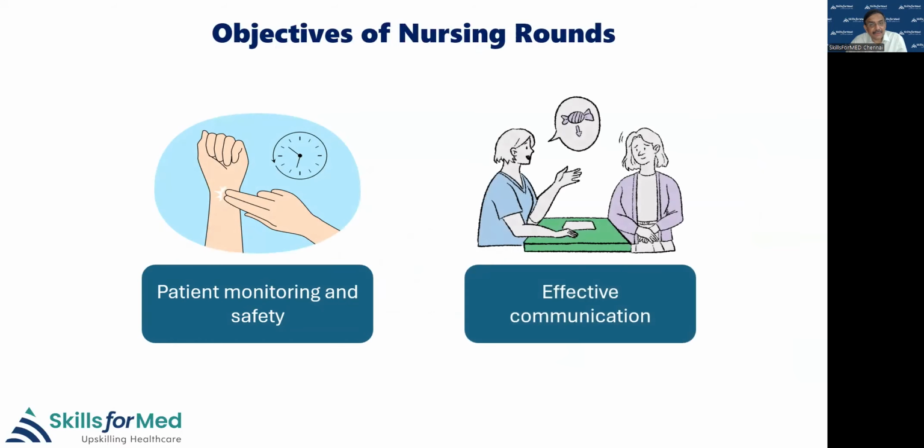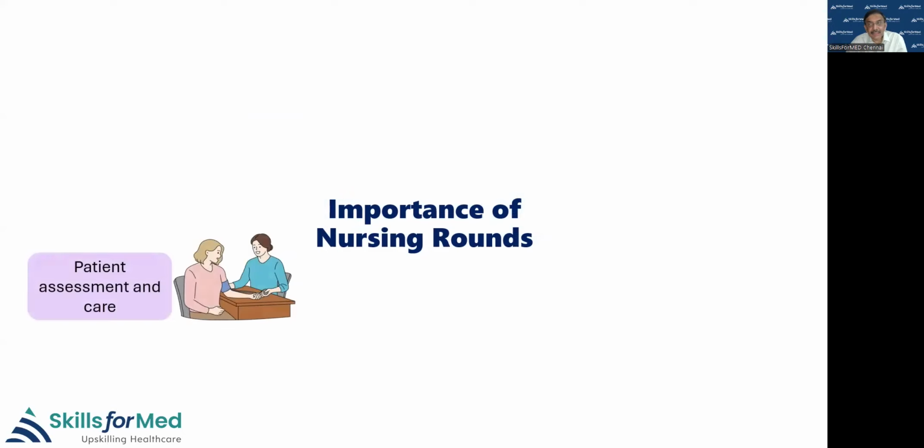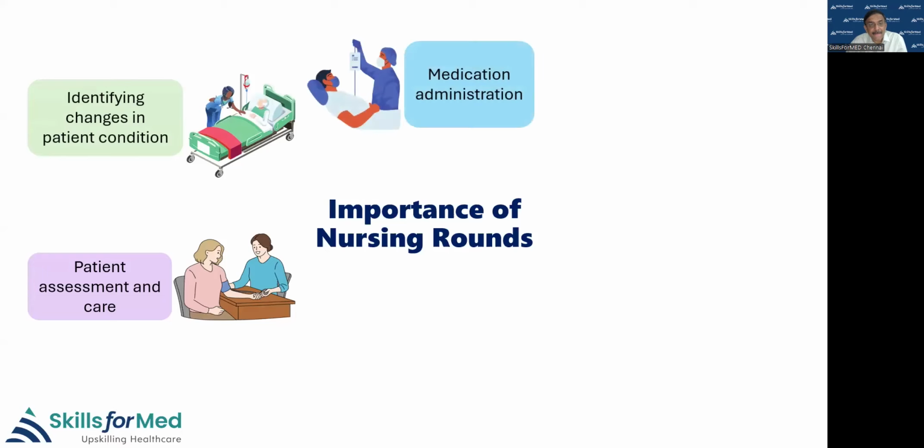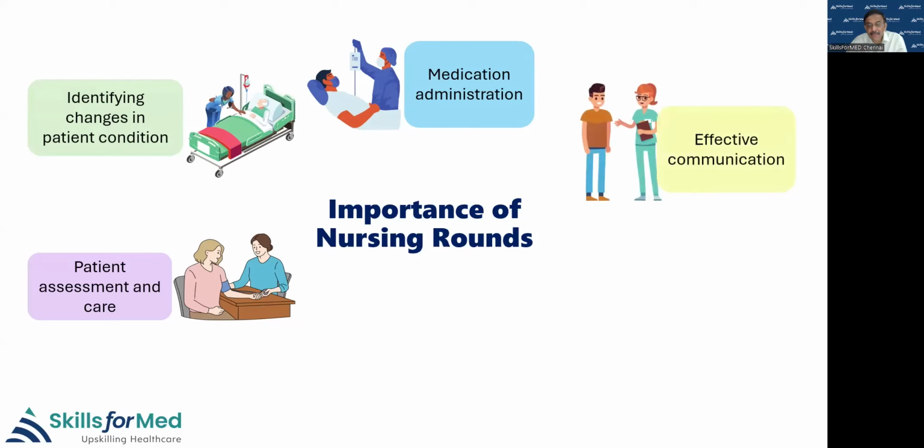And the objectives of nursing rounds are patient monitoring and safety. Effective communication is very important. And what is the importance? Why are rounds so important? Because they help in patient assessment and care. They identify changes in patient condition. They give you time to do medication administration and also communicate with the patient.